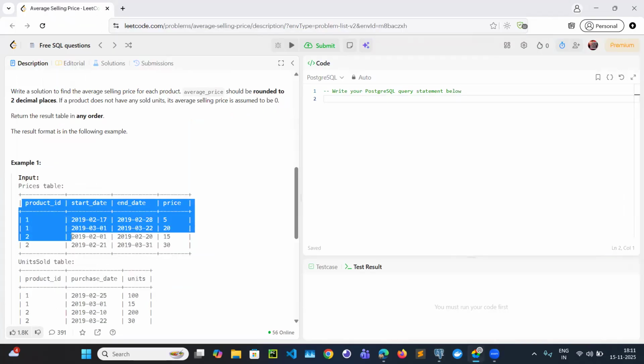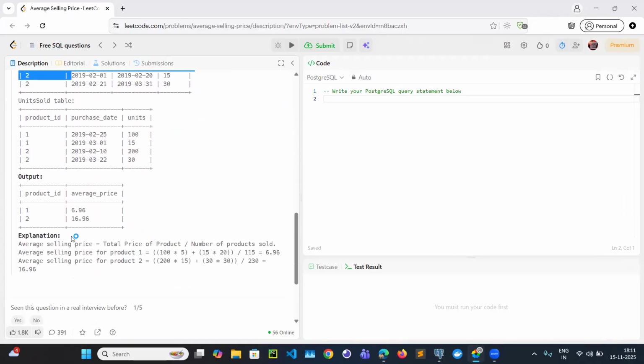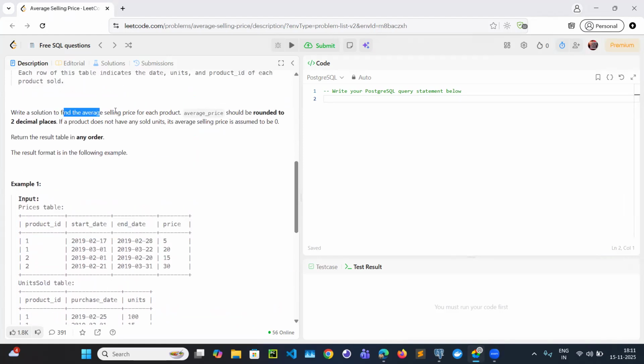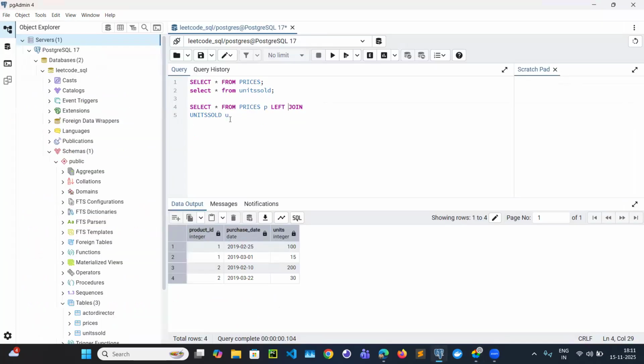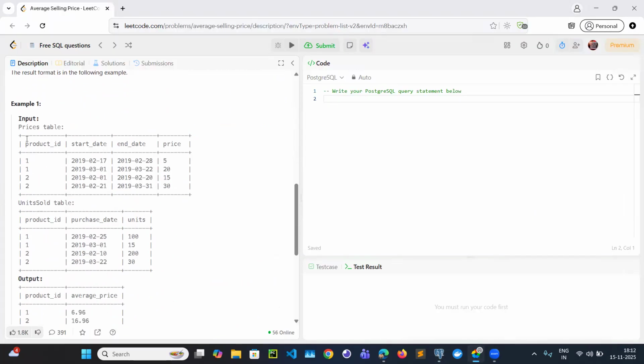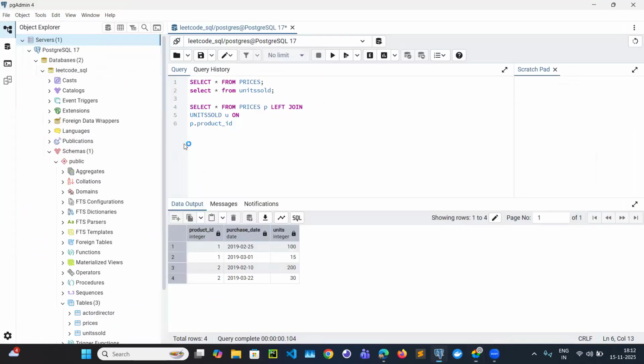Because we need all the products, as there could be some product which we have not even sold. In the question it is mentioned you need to find the selling price for each product, and if the product does not have any sold units, you need to give 0. So basically left join on which columns? In the prices table we have the product ID, and in units sold we also have the product ID. So P dot product ID is equal to U dot product ID.